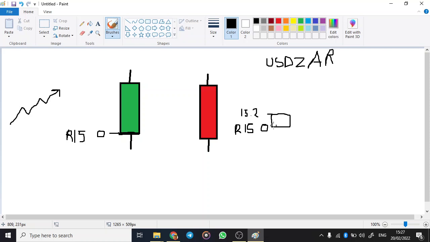But generally, if a candlestick opens at a certain price and the market for that candlestick says that we have appreciation, or we're going up, it will turn green as it goes up.